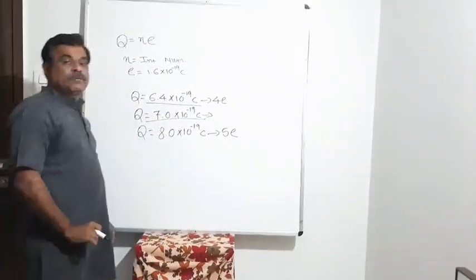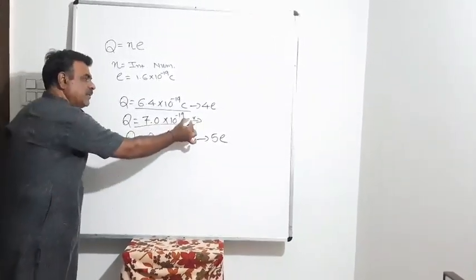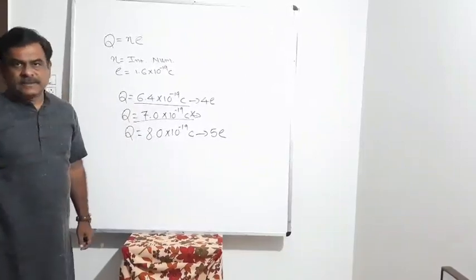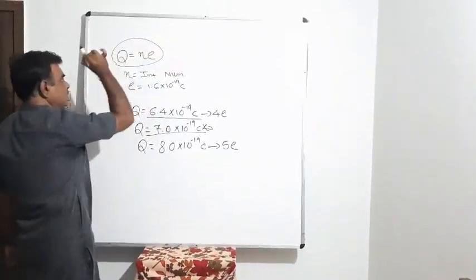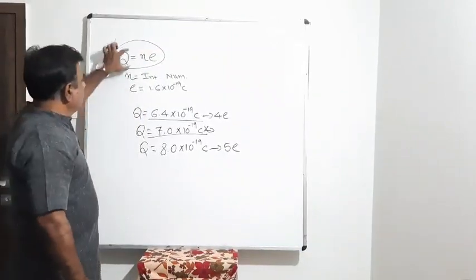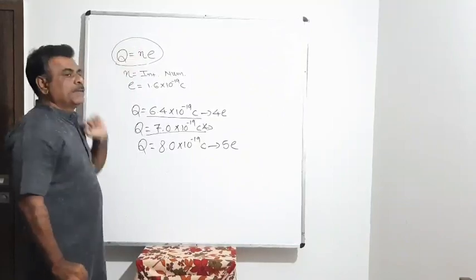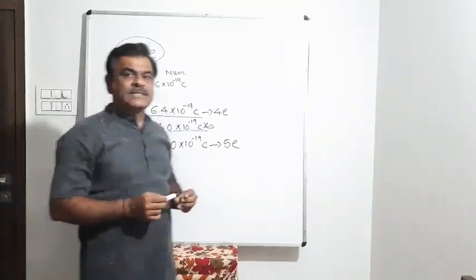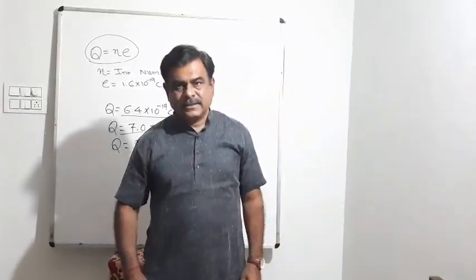This value is not a multiple of e. So this is not a valid value of the charge. So what we are supposed to take from the law of quantization: Q is equal to n times e. That is, charge found on the body is always an integer multiple of the basic electrical charge.